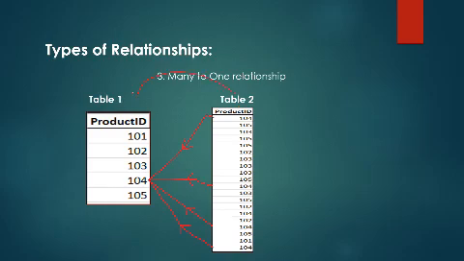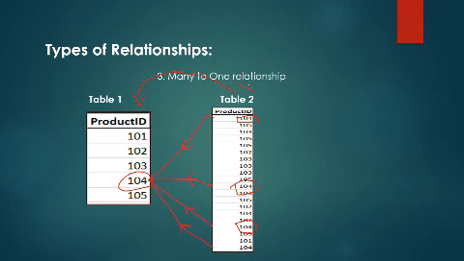That means multiple records are connected with a single record in the other table, so that is considered many-to-one.